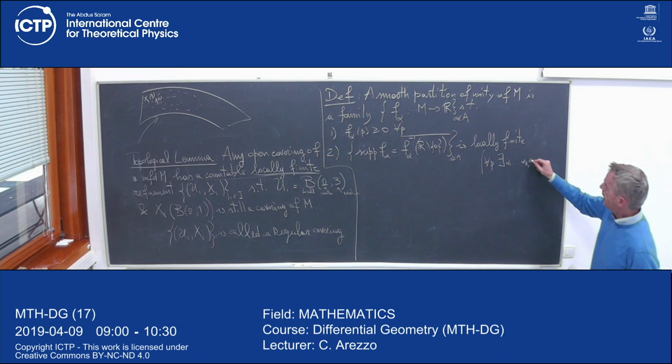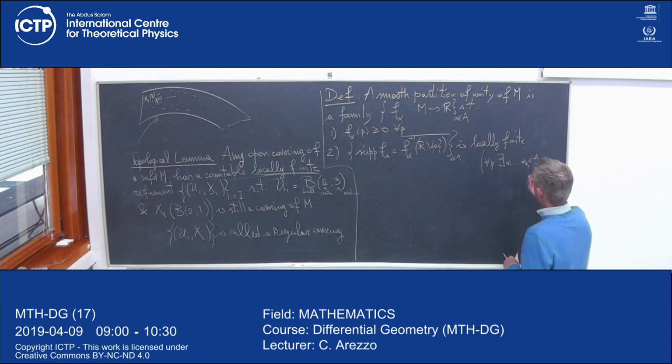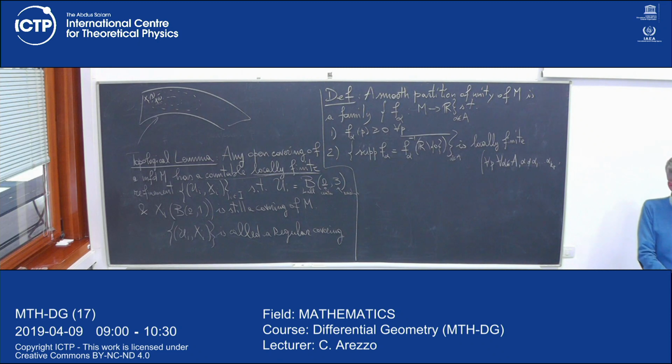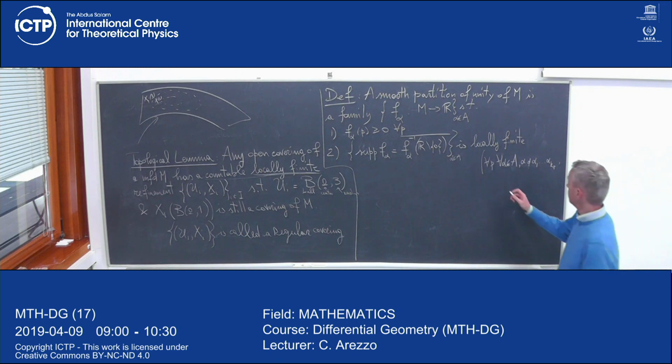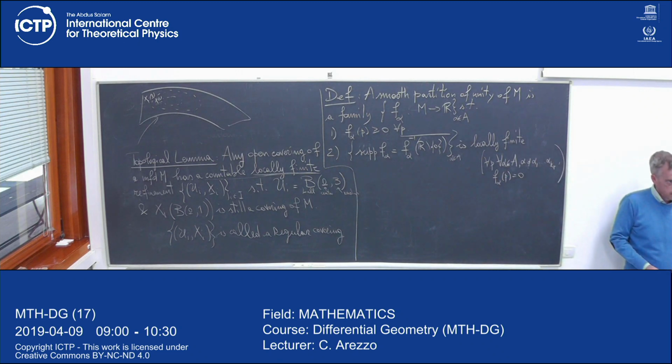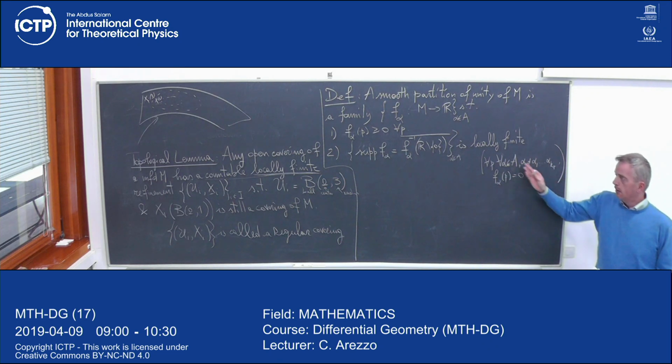In A, such that for any alpha in A different from alpha 1, ..., alpha k, the function is 0 at p. So there exists a finite number such that away from those, the functions are 0.